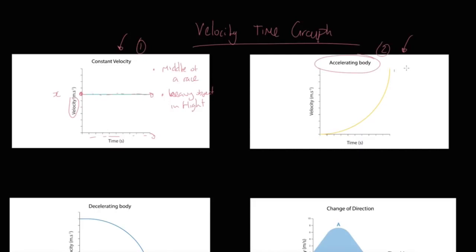We could be looking at examples such as ball leaving racket, or club or paddle, the start of a sprint, or ball leaving hand. They would all be characterized by this acceleration shape.